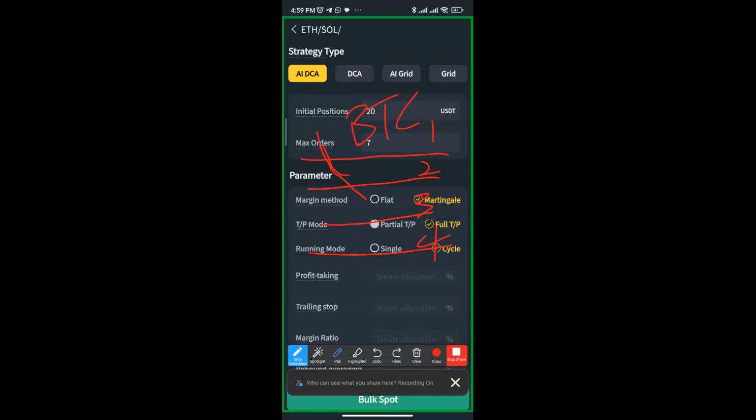So for every grid, there is a take profit. I hope we understand the difference between the grid and the DCA. For the grid, there's a take profit for every grid, so it's different from the DCA.